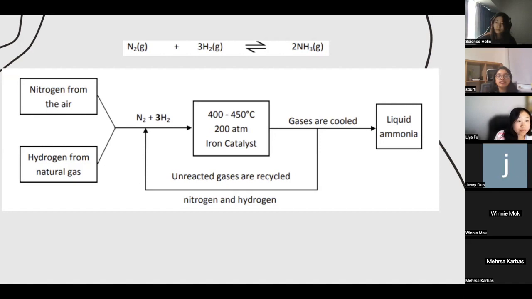So it is reacted, and because it's a reversible reaction, some of the ammonia reverts back to nitrogen and hydrogen. So when the gases are cooling, the unreacted gases are recycled. So this obviously helps get more economical as well. And then you get liquid ammonia. The next slide.